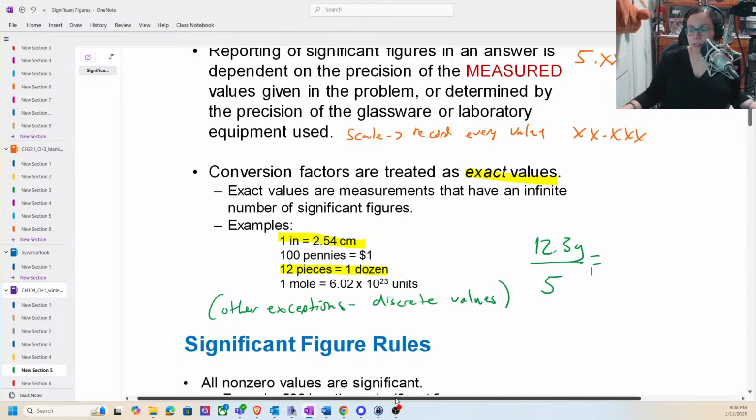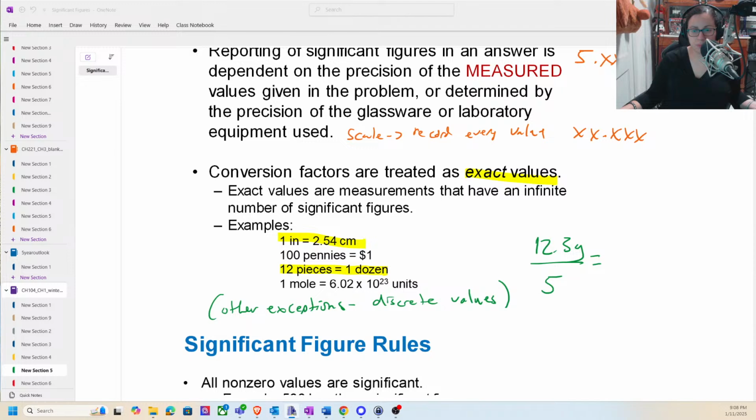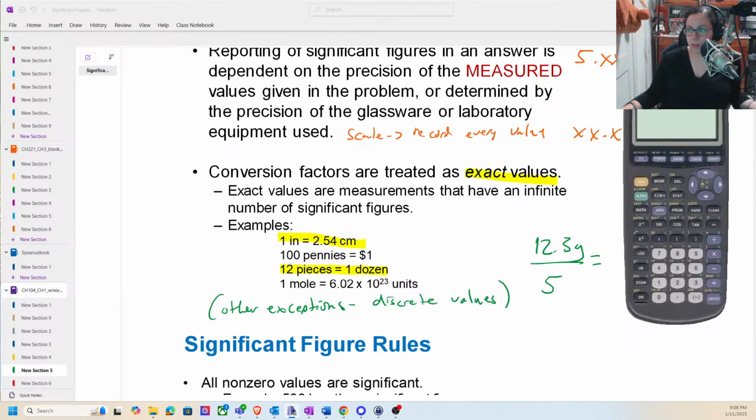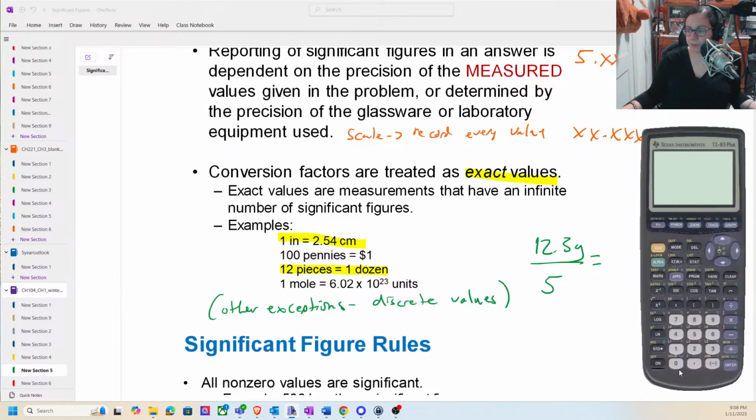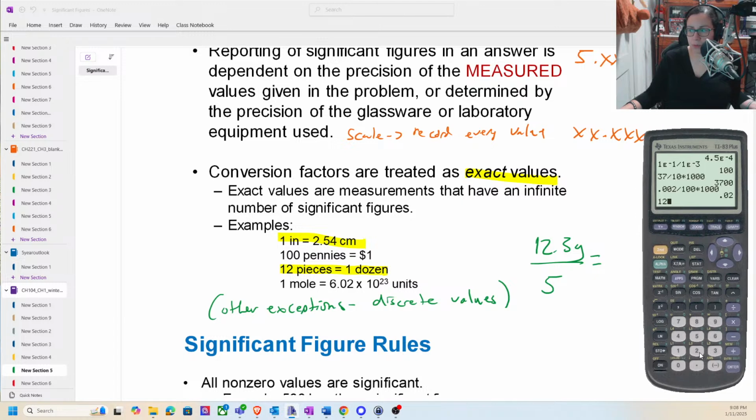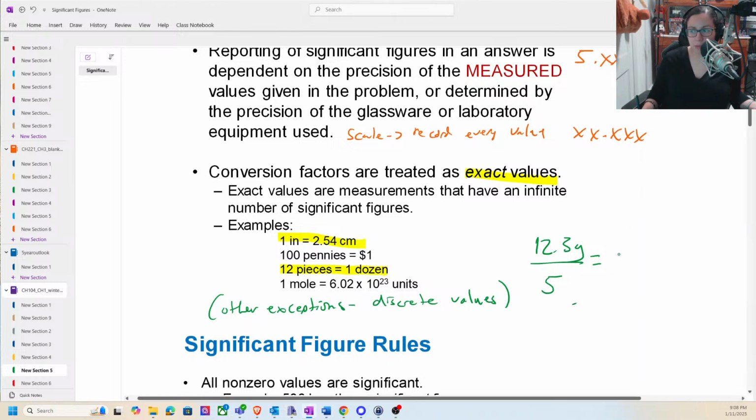Let's do it real quick, just as an example. So now 12.3 divided by 5. And it just so happens that that also gives us 3 sig figs. That is appropriate. So 2.46 grams there. And so again, this is for things that we can discretely count.